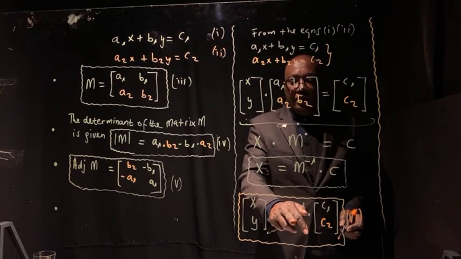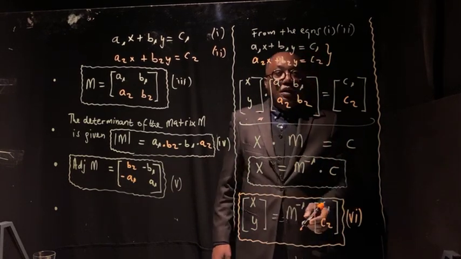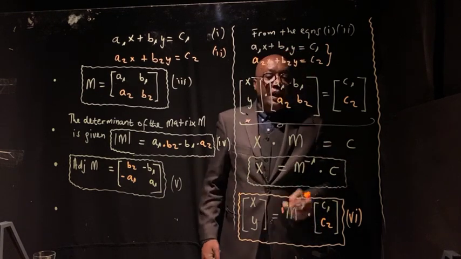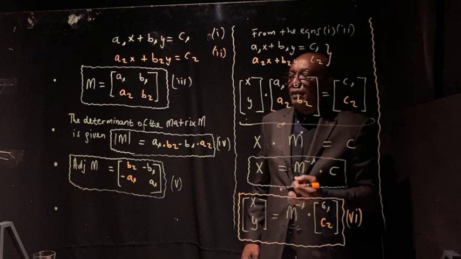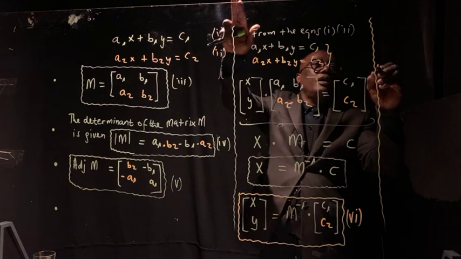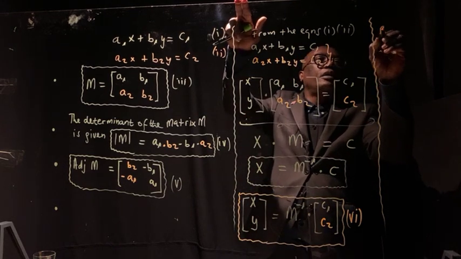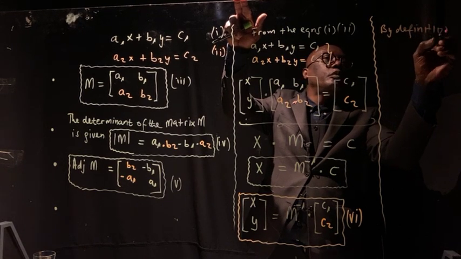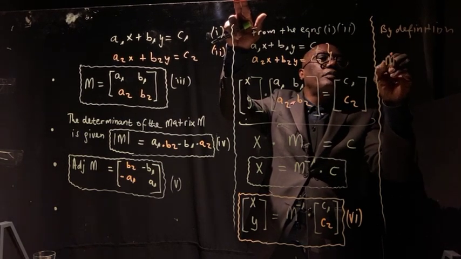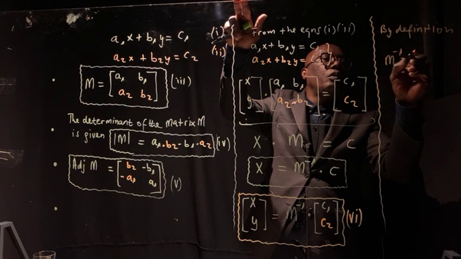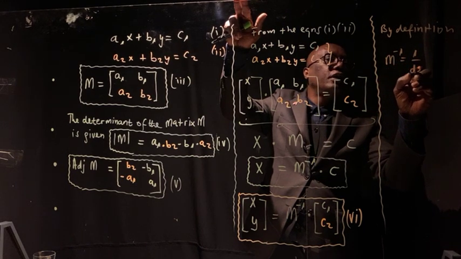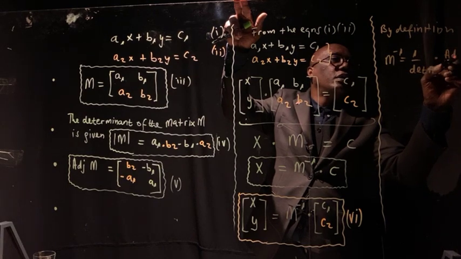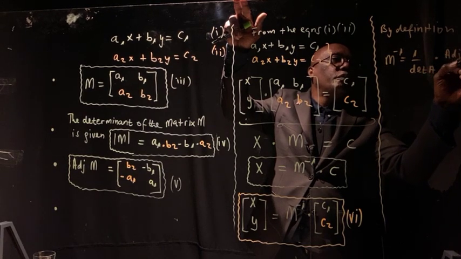What is M inverse? M inverse is the inverse of the matrix M. And by definition, the inverse of the matrix M is given by 1 over the determinant of M times the adjoint of the matrix M.